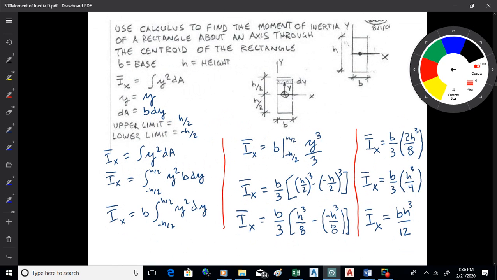Minus the negative gets me plus h cubed over 8. So I get h cubed over 8 plus h cubed over 8, which is 2h cubed over 8, times b over 3. It's b over 3 times h cubed over 4, which is bh cubed over 12. So there you go. There's the moment of inertia of a rectangle about its own centroid.